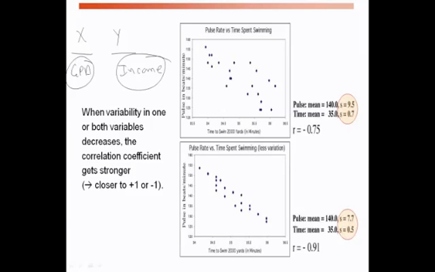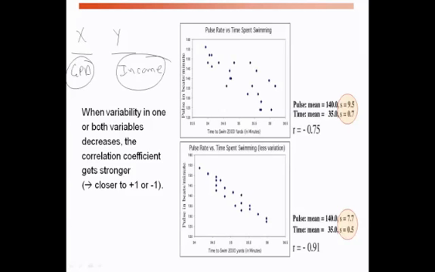Therefore, the answer to my question is, will the values using averages have a stronger or a weaker correlation than values using individual values? It will have a stronger correlation. Why? Because the variability between averages is smaller.